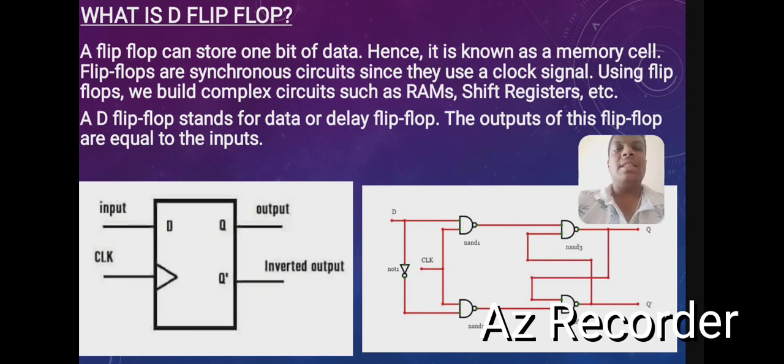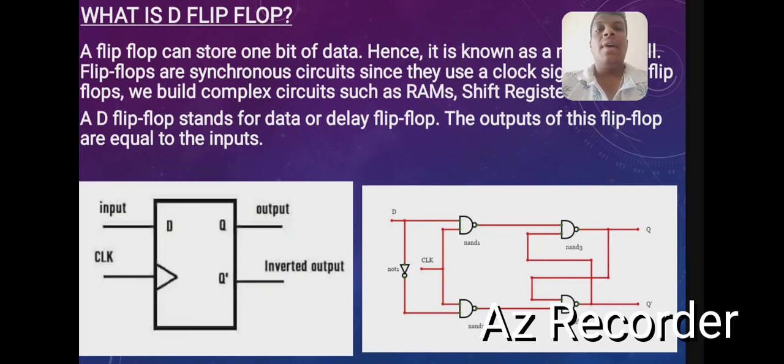The output of the flip-flop is equal to the input. It has a single input and two outputs. Basically, whatever the input is, if it is high, the output will also be high. If it is low, the output will also be low. You can see the logic diagram also.